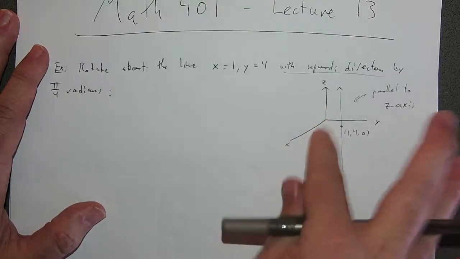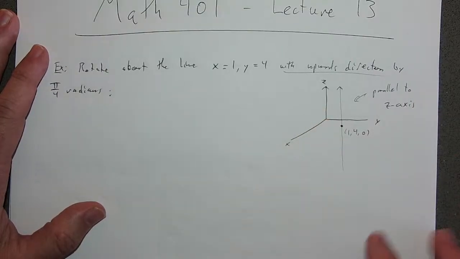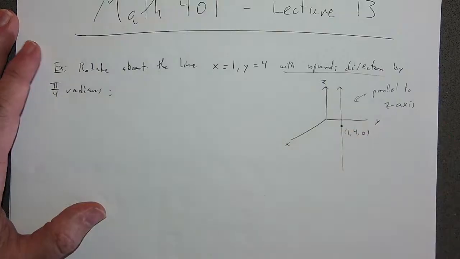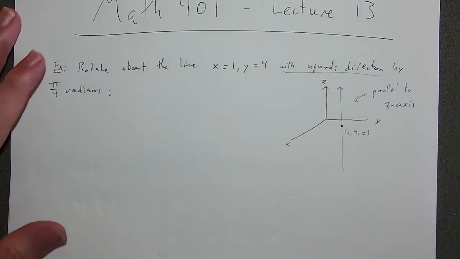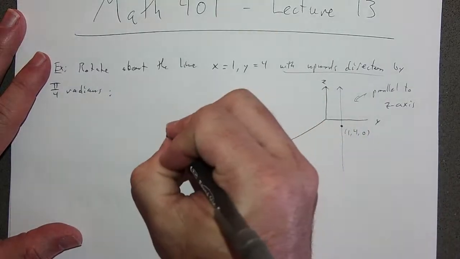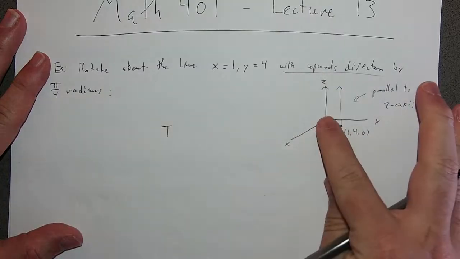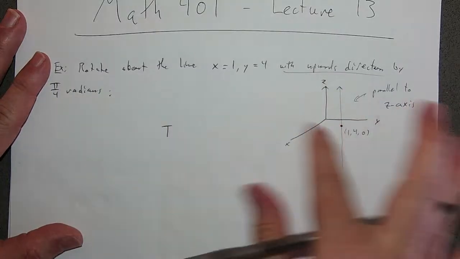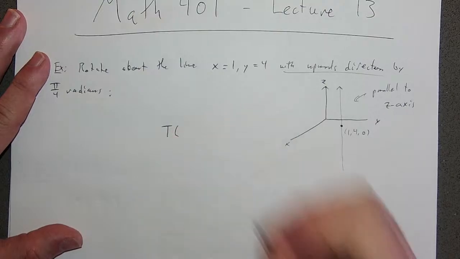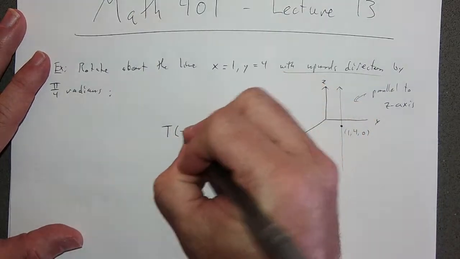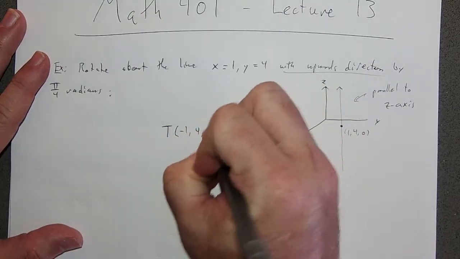I know that when I did this with my finger earlier, I was shifting to this point. The way that I described it is fine too. So what's the first thing I do if I want to move this picture to the z-axis? The translation that I do would be the translation by the vector -1, 4, 0.